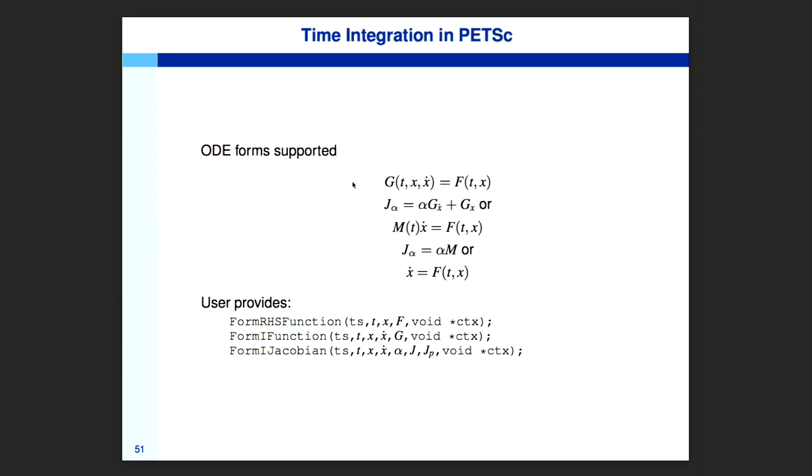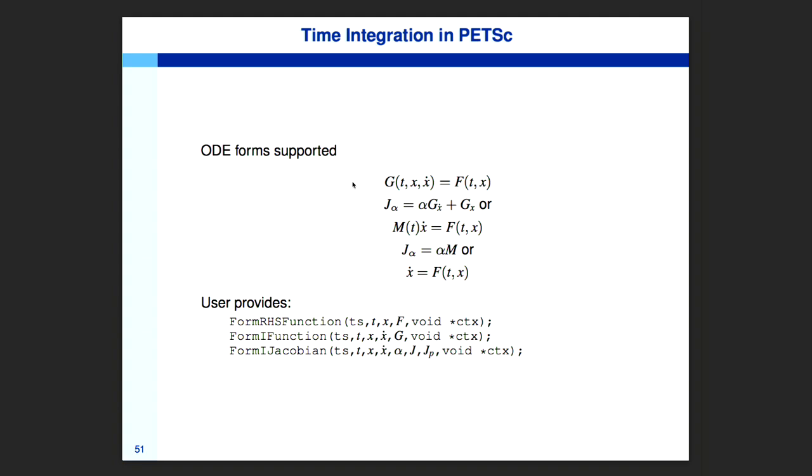So now layered on top of the linear and nonlinear solvers are time integrators. This slide shows the various ODE forms supported. So we can think most generally by the top equation there that shows we have a function g that is a function of time and your unknown x, and also the time derivative of that, x dot, is equal to some other function f, which is a function of time and the unknown x.